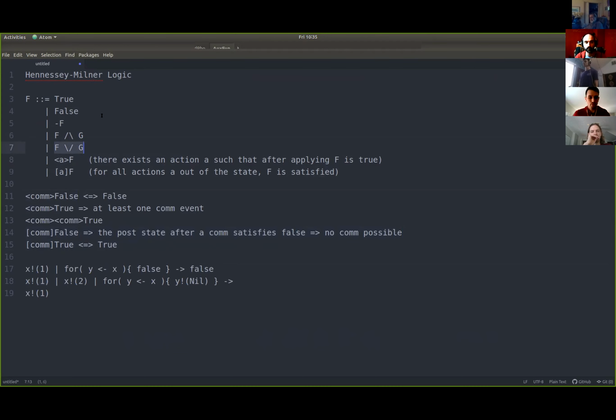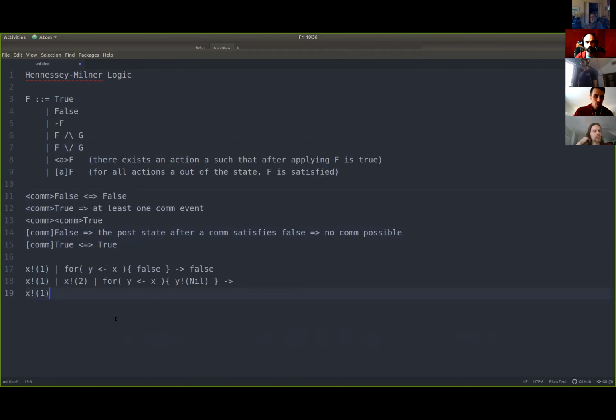If you're familiar with existential and universal quantifiers, it's basically the same thing, because one says there exists something in this formula and the other says for all something in this formula.